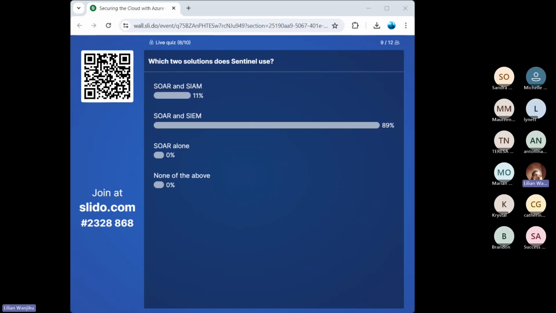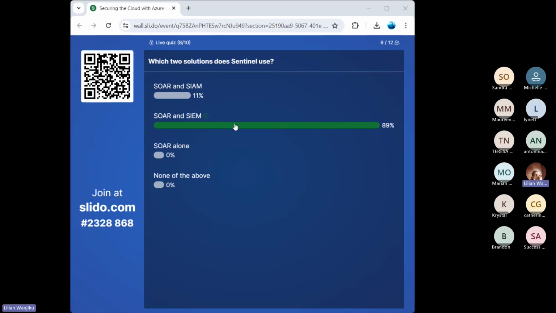So CM is really nothing. It was a trick option. CM is not there. The majority of us got it correct, and if you didn't, you can take note of this. It is SOAR and SIEM that are used in Microsoft Sentinel.